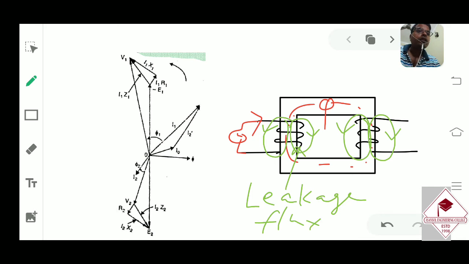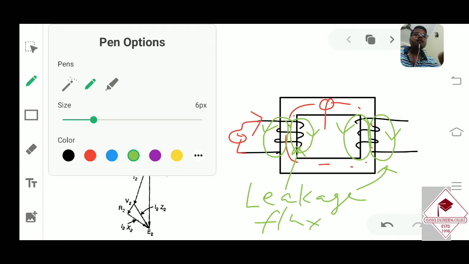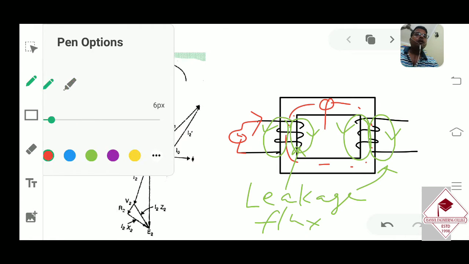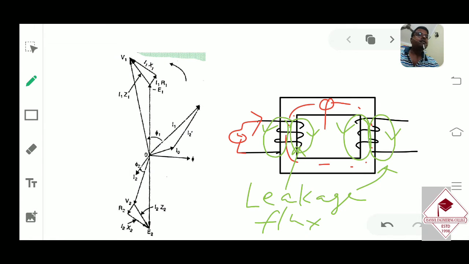Here this is also leakage flux. So these leakage fluxes have some effect on the performance of the transformer. What is that effect? As the main fluxes induce some EMF in both the windings, similarly these fluxes will also induce some voltage in both the windings.